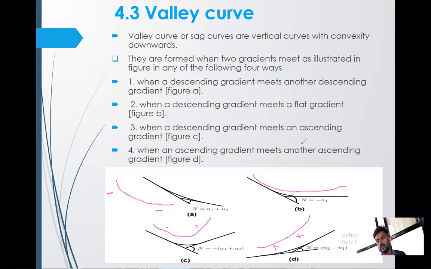When the curve is on the upper side, it is like this, then we will call it a summit curve, and when it is like this, then we will call it a valley curve. There are 4 conditions for the summit and also 4 conditions for the valley curves.